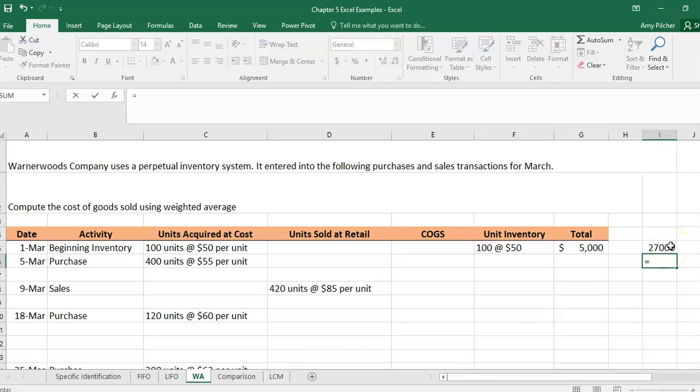We want to take that total and divide by our total 500 units to come up with a new average cost. So now we have 500 units at an average cost of $54 per unit.